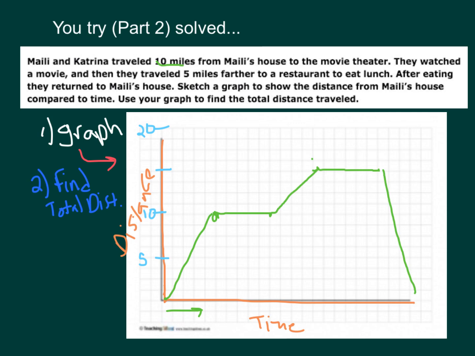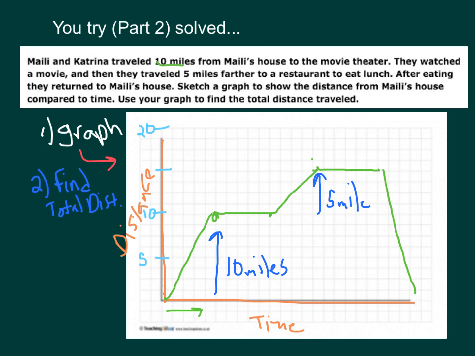So, if we're looking at our graph, we can see that at first, Miley and Katrina traveled 10 miles to the movie theater. So, in this first section, we have an increase of 10 miles. Then, after they watched the movie, they traveled 5 miles even further.